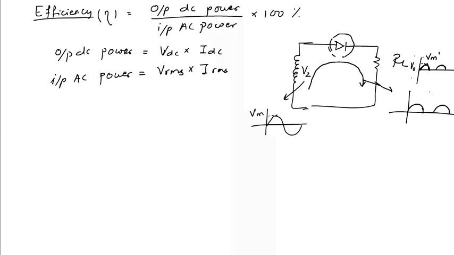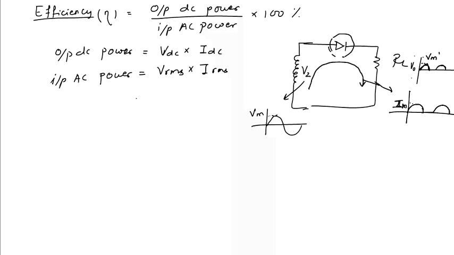So current through this circuit will be same at all the instants. So now we have got a parameter which is same at all times through this circuit. So we'll do all the calculations regarding efficiency in the form of current only.